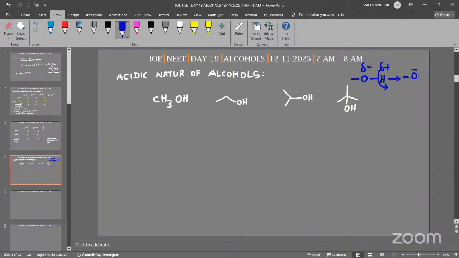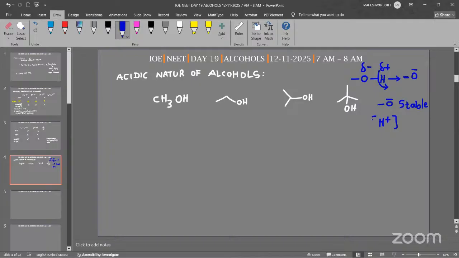Next, this so formed O minus ion is the conjugate base. If this O minus ion is stable, then it cannot take back this H plus. So availability of H plus in the solution or reaction medium increases. If H plus ion concentration increases, acidic nature increases.